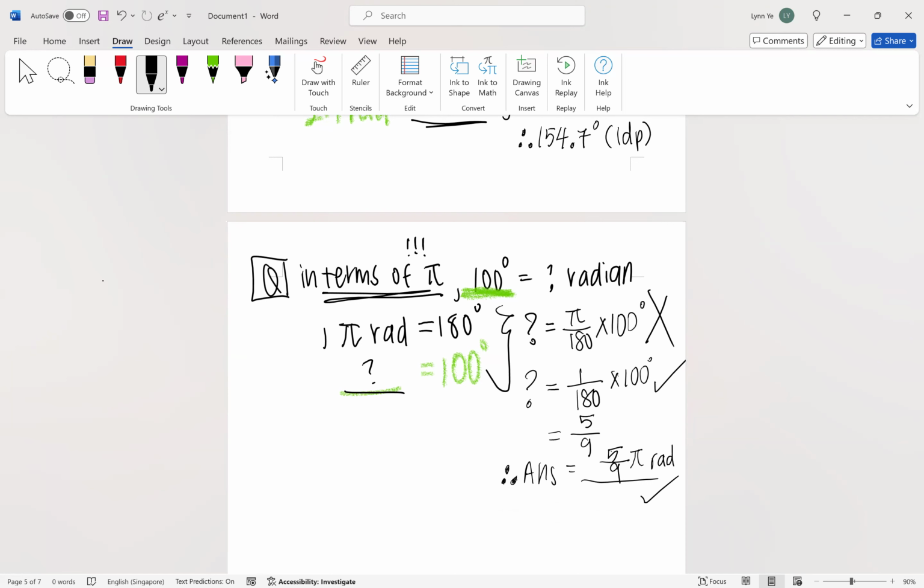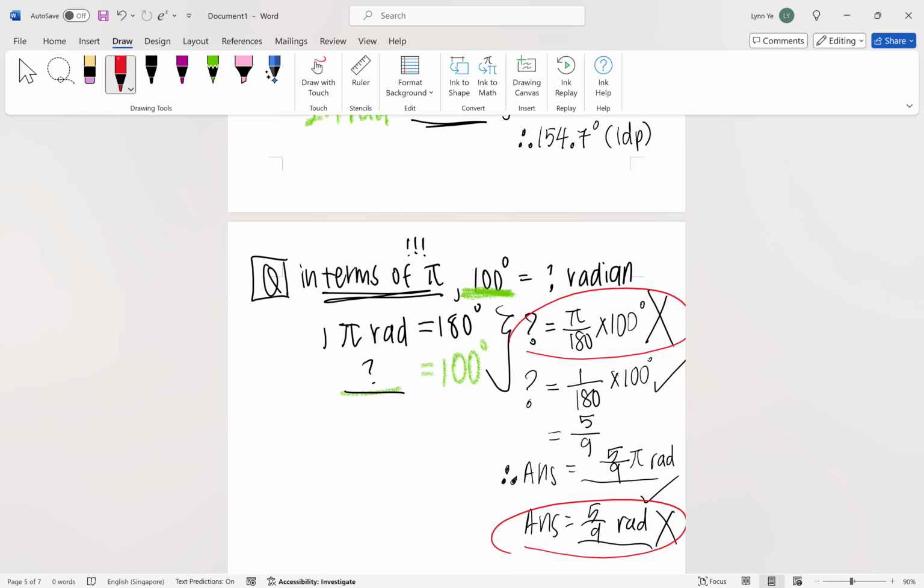I think I better put the wrong answer, because I believe someone here is going to make that mistake. So these two answers are wrong. You cannot have these two answers. Totally wrong.